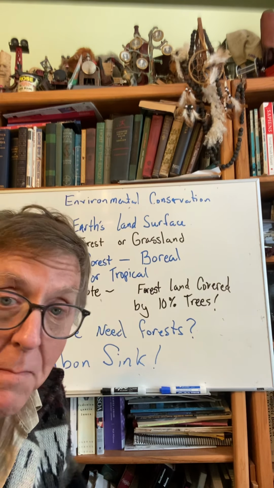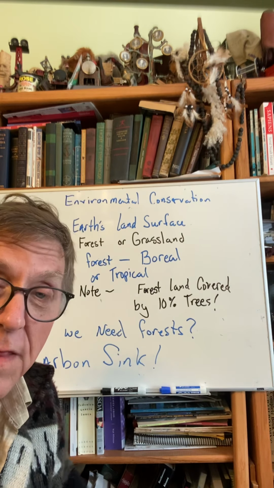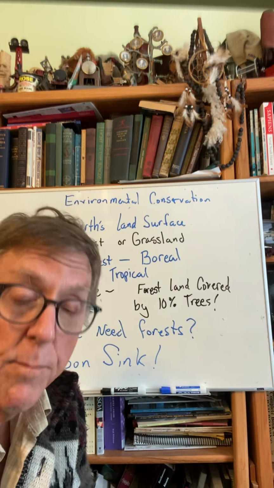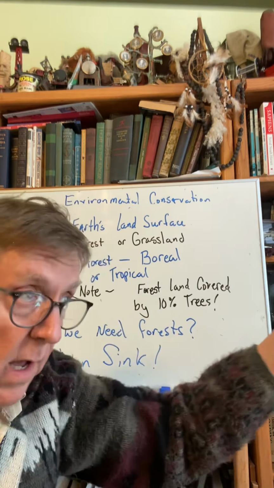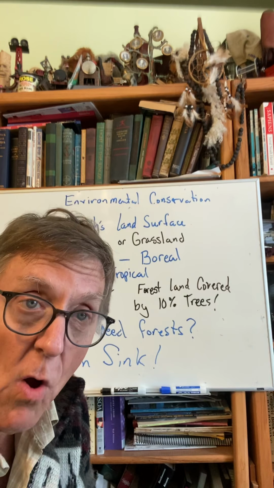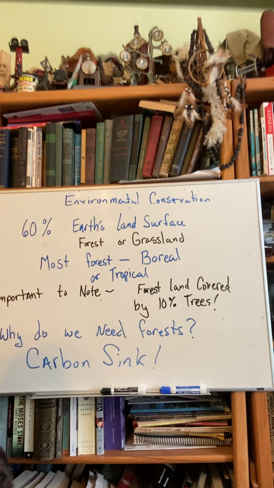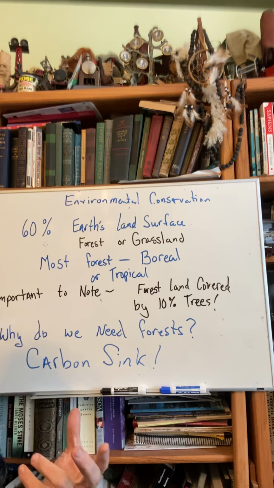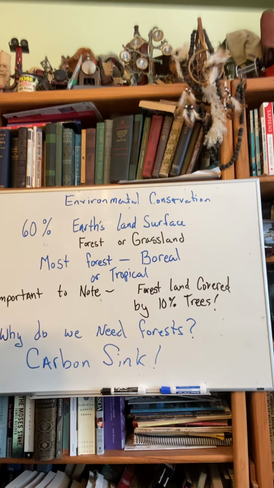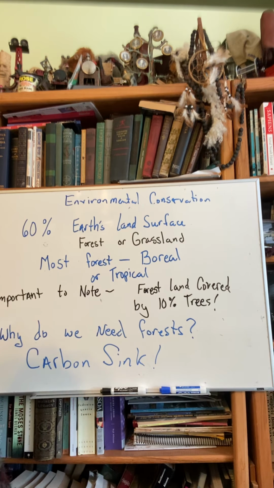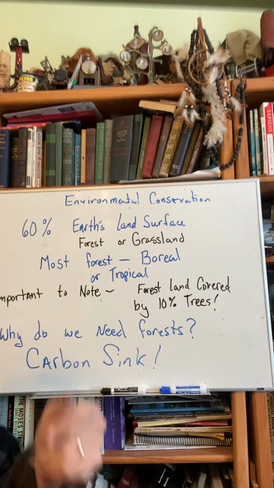That means many of the suburbs, many of the subdivisions in Cranberry Township would be considered forest. I mean, if you've got 10% trees in your yard, you are a forest. So it's not really what we would necessarily think of as a forest, but that is how, internationally, a forest is defined.